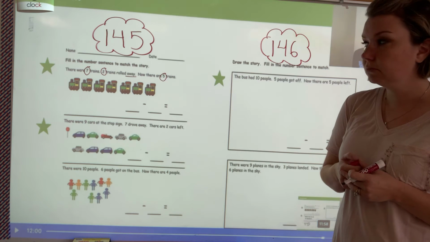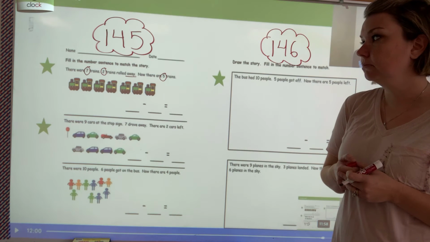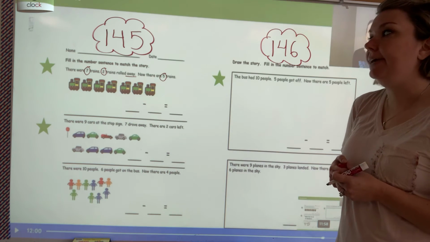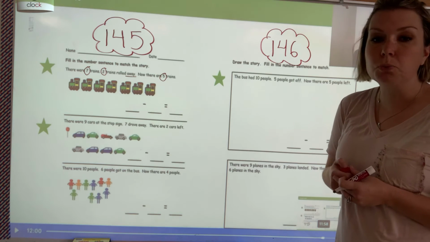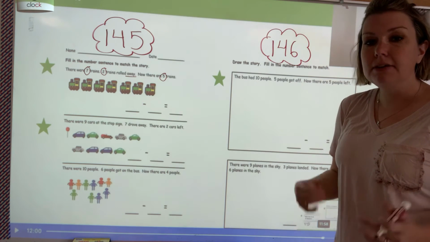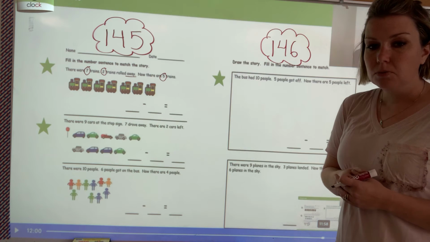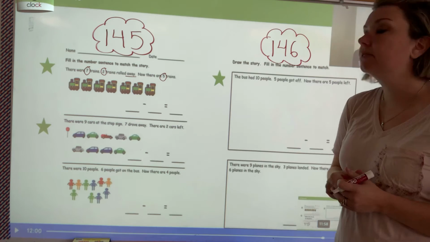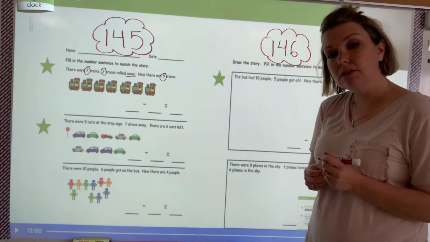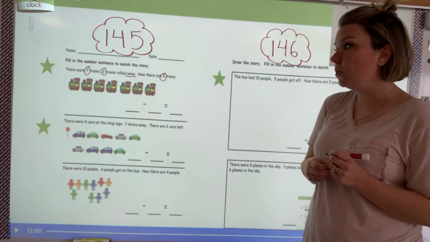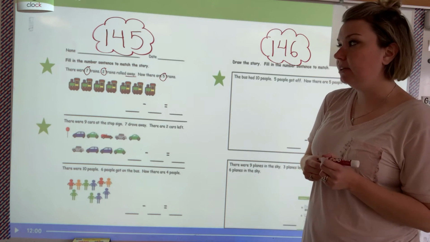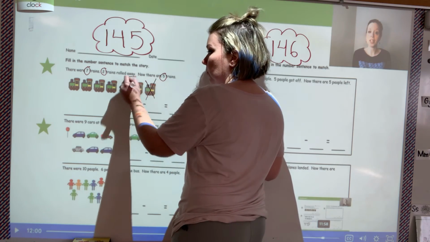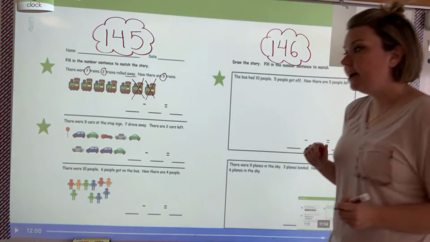You have to color some red. No, not with this one. There were 7 trains. 2 trains rolled away. Now there are 5. What do you think I need to do to my picture? I think you just have to cross them out. Cross out how many? How many trains rolled away? Let me read it to you again. Yes. There were 7 trains, 2 rolled away. Now there are 5.